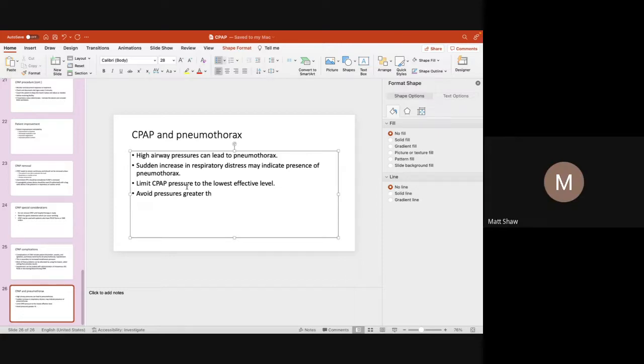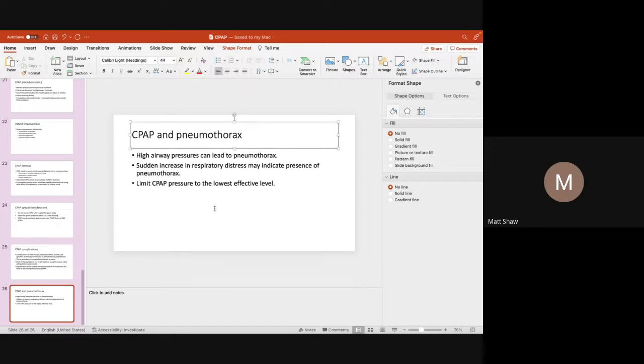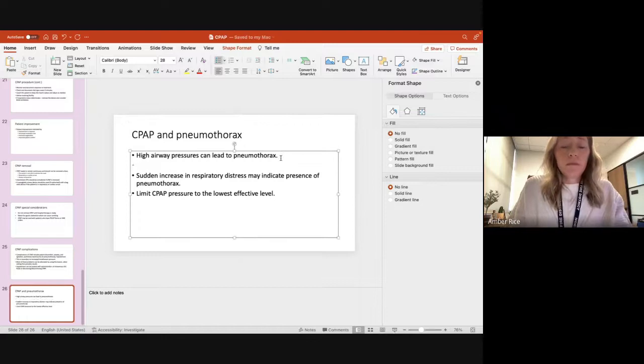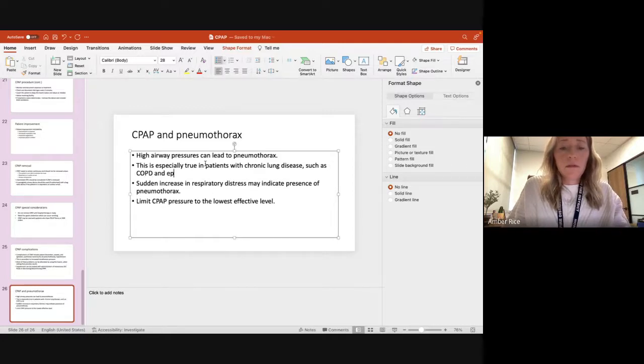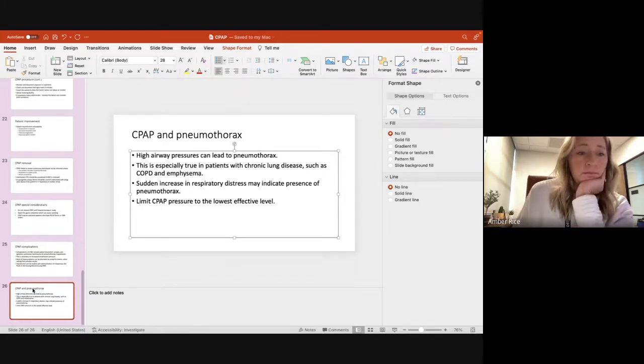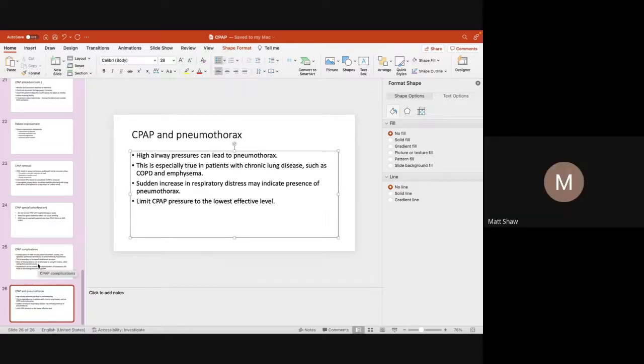So I think your line above that, limit CPAP pressure to the lowest effective level, is a pretty good spot to be. Okay. Yeah, I like that.